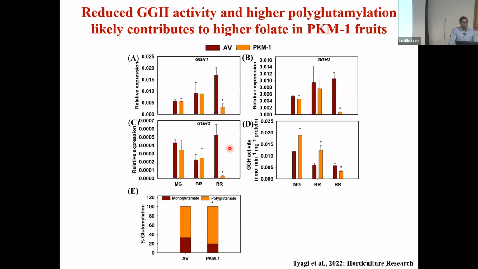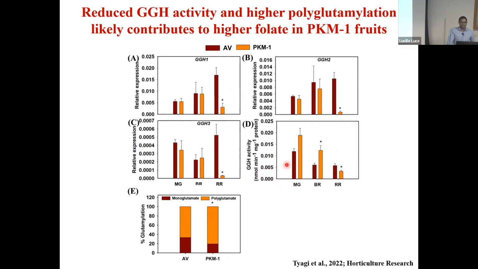So next we measured the transcript level of the gamma-glutamyl hydrolase gene. We found that the levels of GGH1, GGH2, and GGH3 were significantly low in PKM, especially at the red ripe stage.